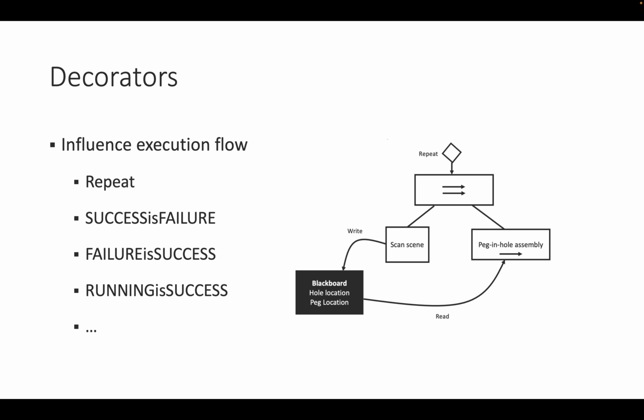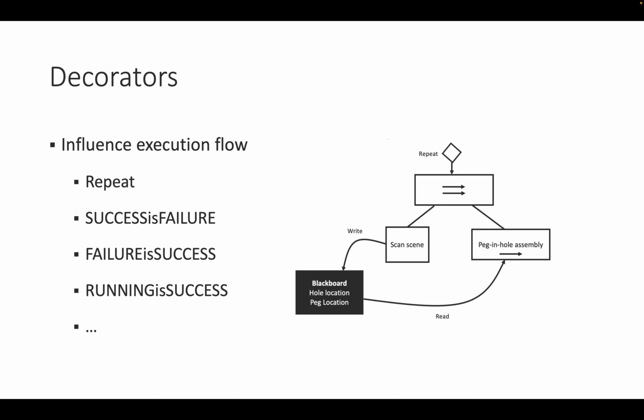Now, another important concept in behavior trees is the so-called decorator. There are many possible decorators. Here I have one which is the repeat decorator, and what the repeat decorator does is it just keeps repeating its children forever. Now there are of course variations of this.